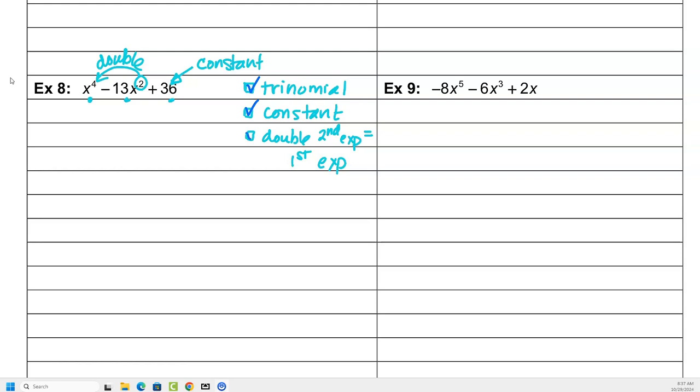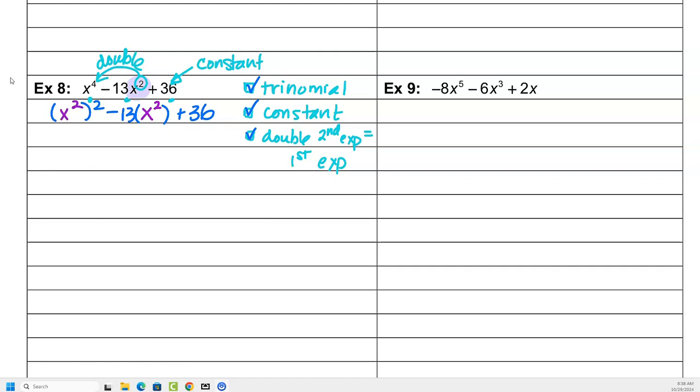Yep. Check. So I'm going to rewrite this to be a quantity squared minus 13 times and then plus 36. And remember, we're going to rewrite it in terms of the x squared, that middle term. So I'll write the x squared here in the parentheses and in the first one.